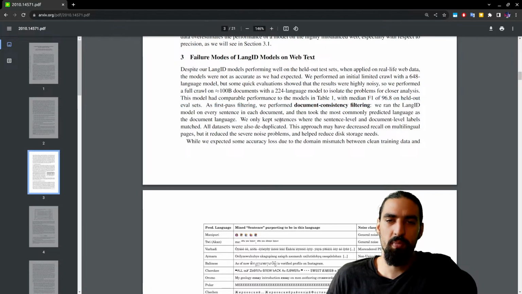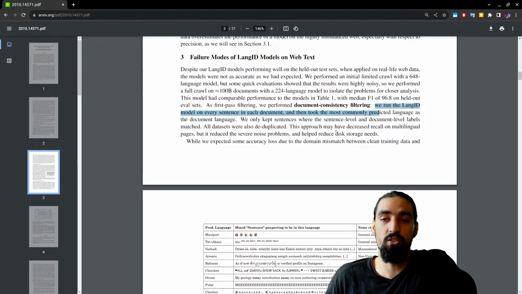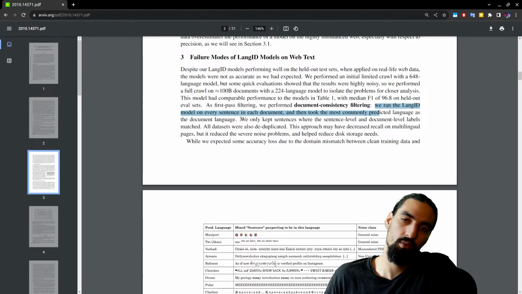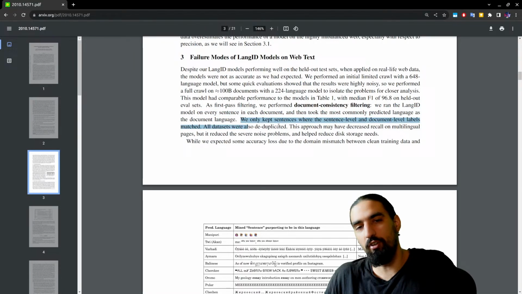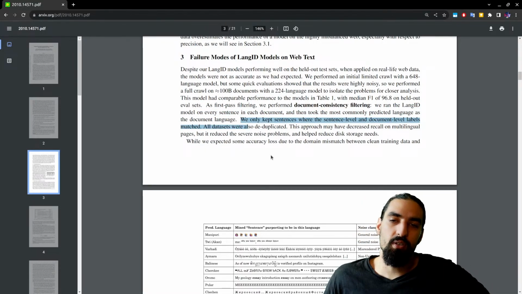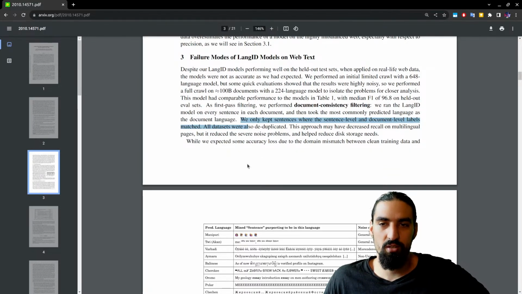At first pass filtering, we performed document consistency filtering. We ran the LangID model on every sentence in each document, and then took the most commonly predicted language as the document language. Fair enough. We only kept sentences where the sentence level and document level labels matched.